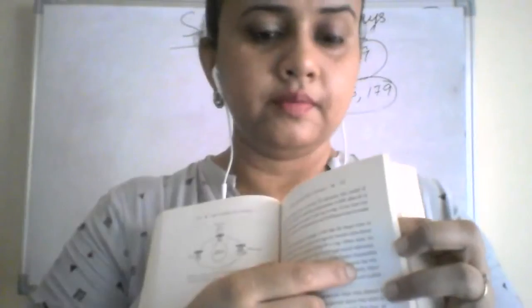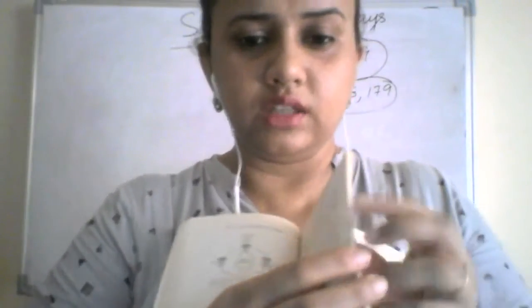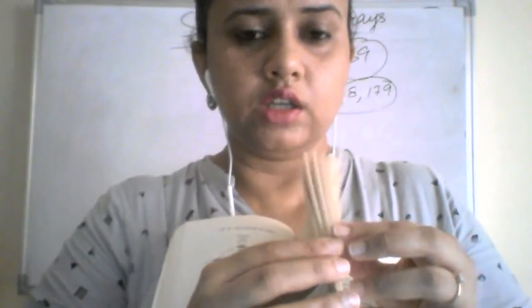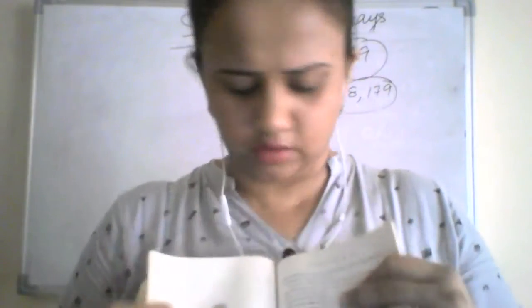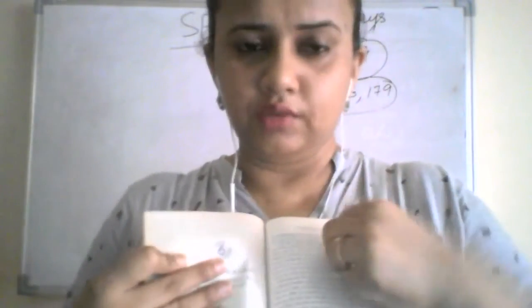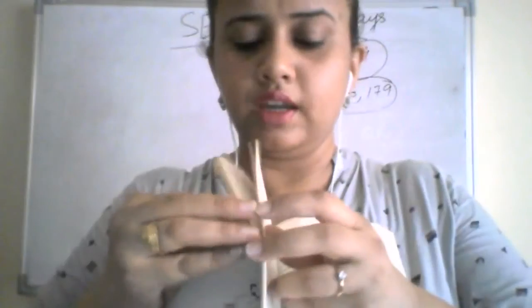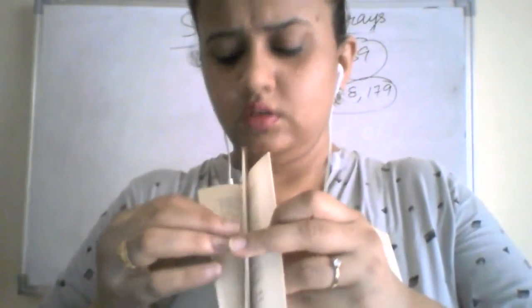This is my 134 side, and this is my 135. I'll again divide whatever data I have found and do the same operation.